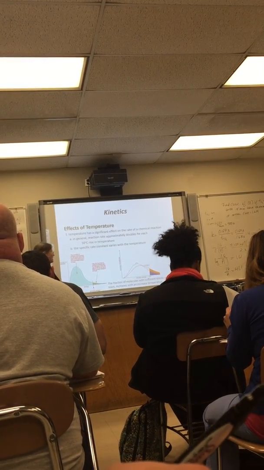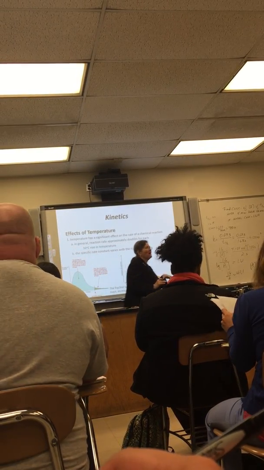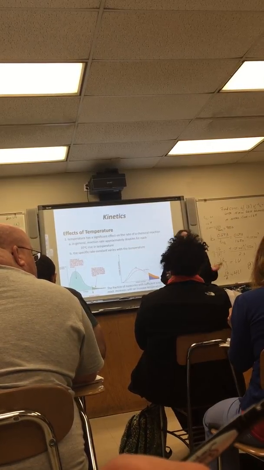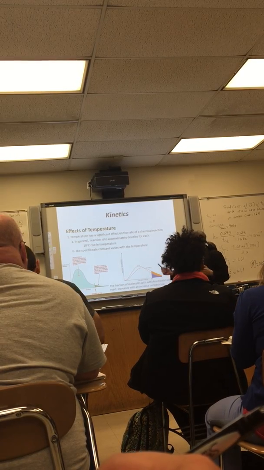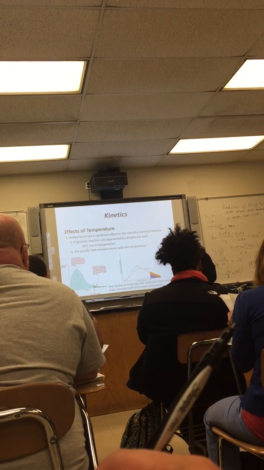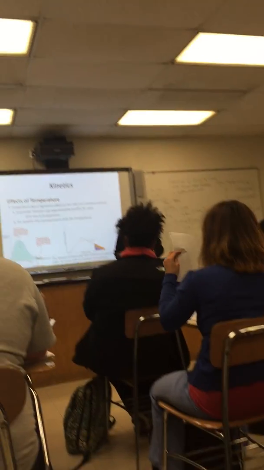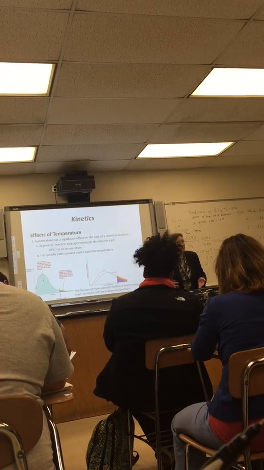You didn't throw things. Anyway, this graph looks like something you saw at the very beginning when I was talking about factors that affect the rate of a reaction. I gave you this curve and flashed it up on the board and talked about the fact that generally if you warm things up, you're going to tend to increase the rate of the reaction because the particles are colliding faster.